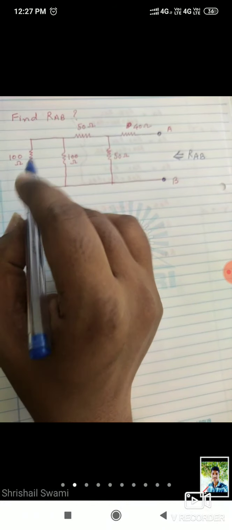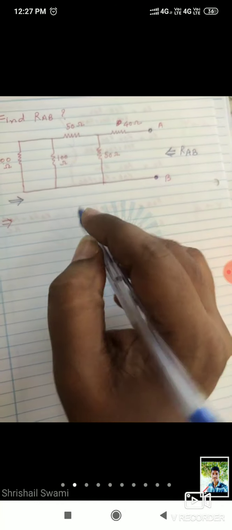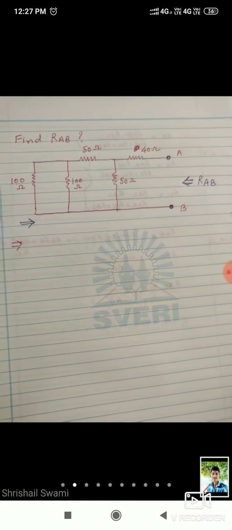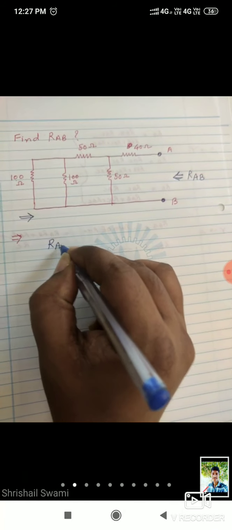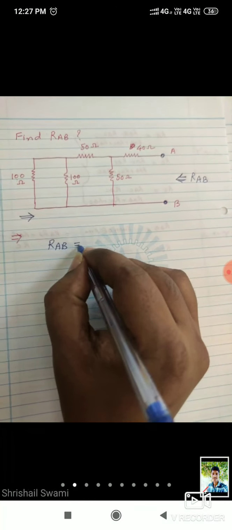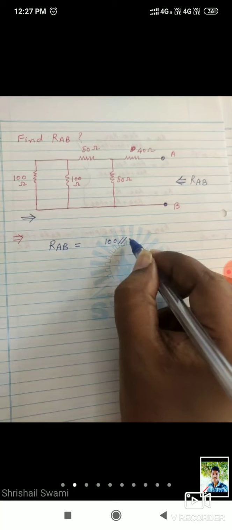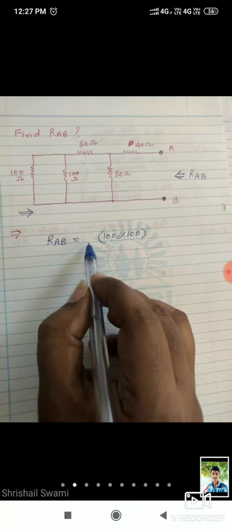So first of all we will start from the opposite direction. So 100 and 100, these are parallel to each other. So first of all we will identify how the resistors are connected to each other in the circuit. So I will write total RAB is equal to, so that 100 is in parallel with 100, give it in one bracket, so leave some spaces here.